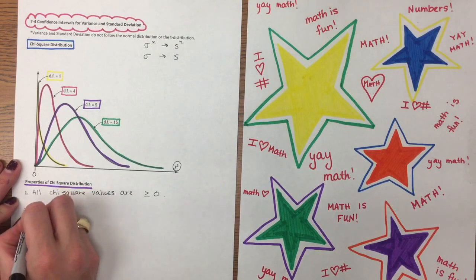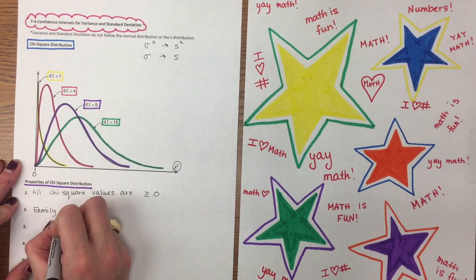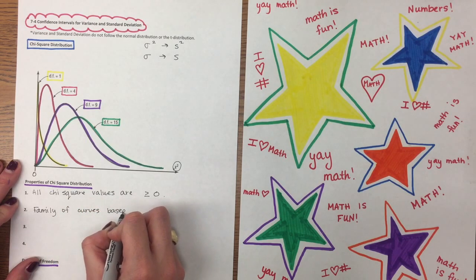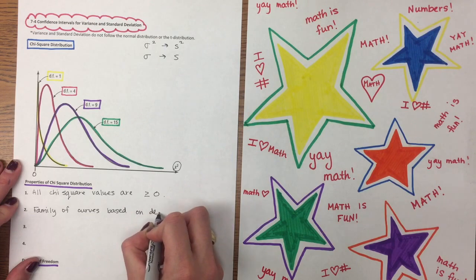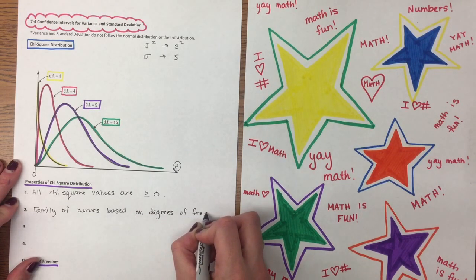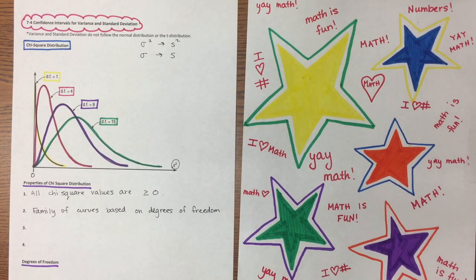The next thing is that it is a family of curves based on degrees of freedom. That is something we talked about when we looked at our student t-distribution, but we need to talk about it again when we look at our chi-square distribution.